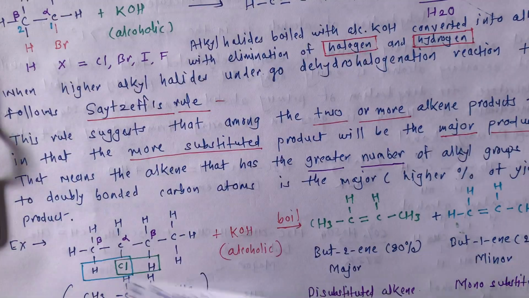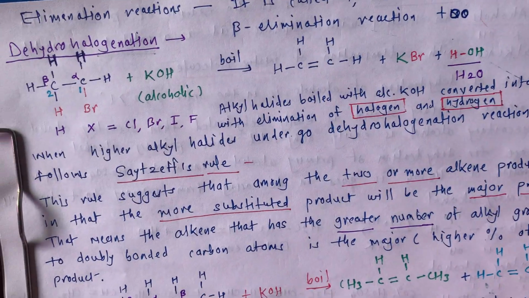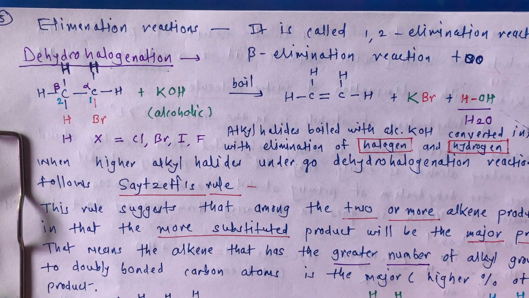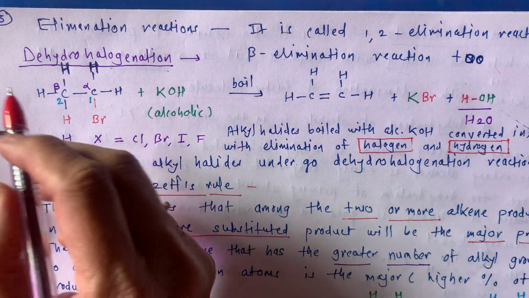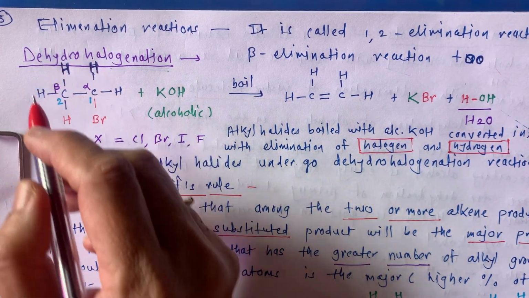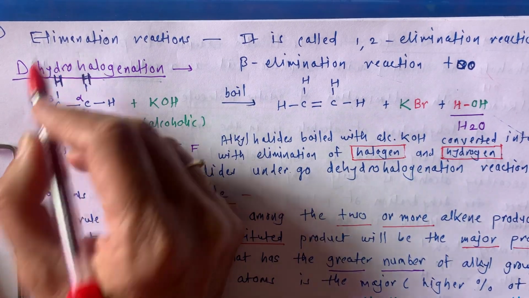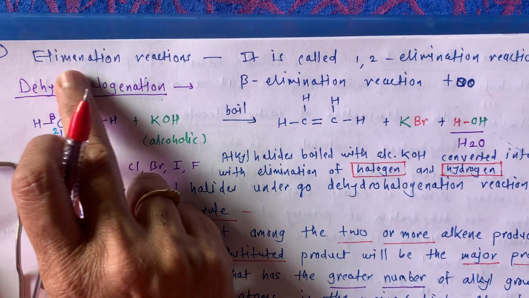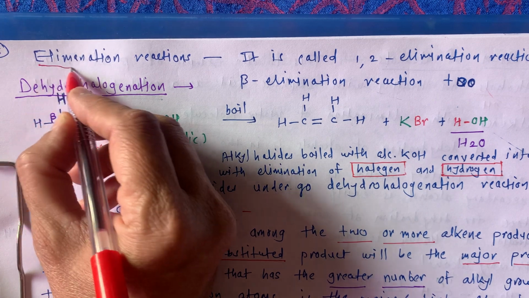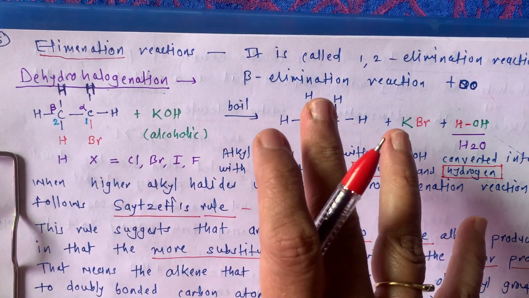Yes, now next. Now this thing is new for us. In the last topic, alkane, there is no elimination reaction, but now here we have elimination reactions. What is elimination? Elimination is nothing but removal of something.